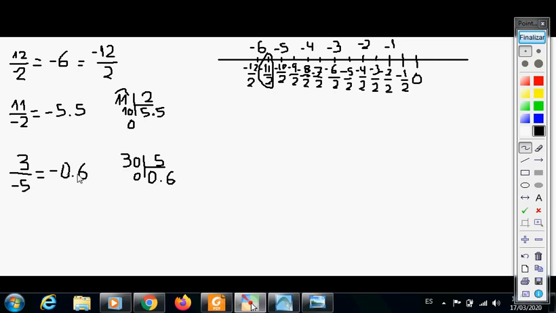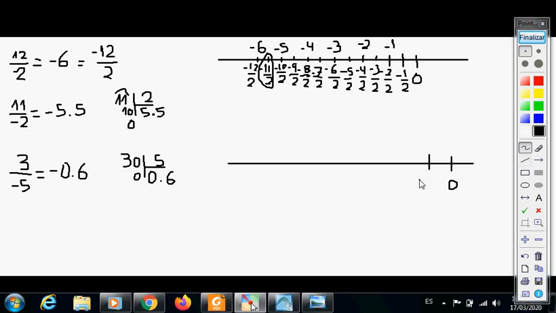Now, what about 3 divided by -5? Okay, this time it's minus 0.6. It's negative, so it's at the left of 0. Here it is 0, and let's start counting.